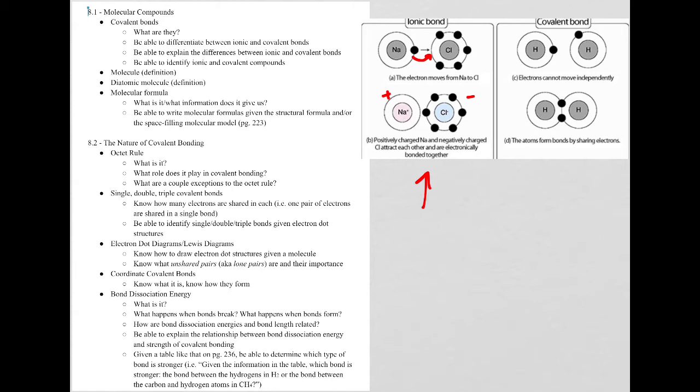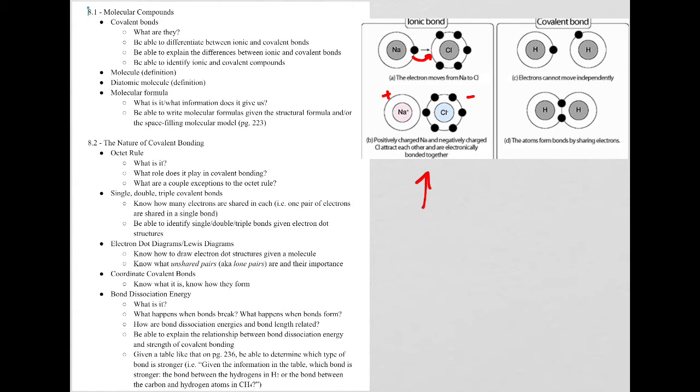So a really easy way to remember the difference between ionic and covalent is that ionic compounds are going to have no partial positive or partial negative about it. They're going to be fully positive or fully negative, the ions in the compound. Whereas with covalent compounds, when we're looking at polarity of compounds, we can have partial positives and partial negatives, or completely neutral, no partial positive or no partial negative in a non-polar bond or compound.